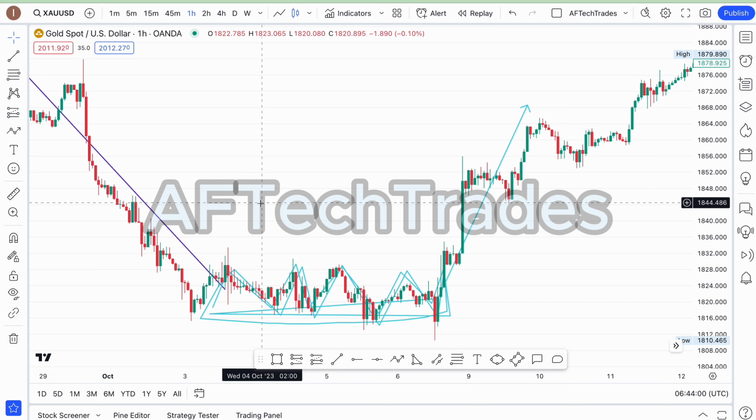We'll check for more examples of this. Then I will show you how you can trade a consolidating market, how you can maximize your profit, make a huge amount of profit using this consolidating market strategy, and how you can avoid losing money when you see such a market, so you can minimize your loss.